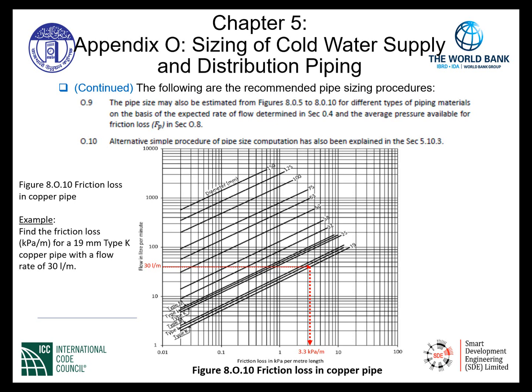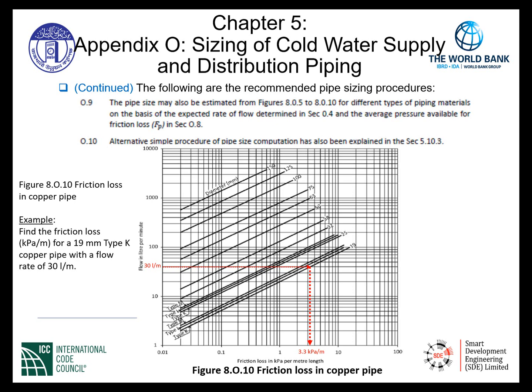As an example, we want to find the friction loss in kPa per meter for a 19 millimeter type K copper pipe with a flow rate of 30 liters per minute. Applying the figure, we move to the left-hand side of the figure and locate 30 liters per minute. We then move horizontally across until we intersect the type K curve for that material.